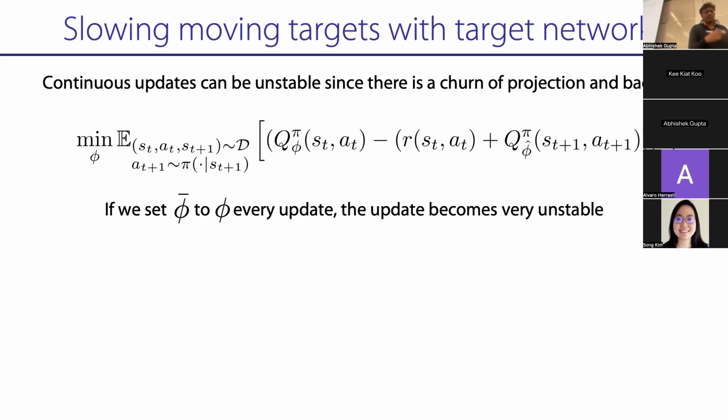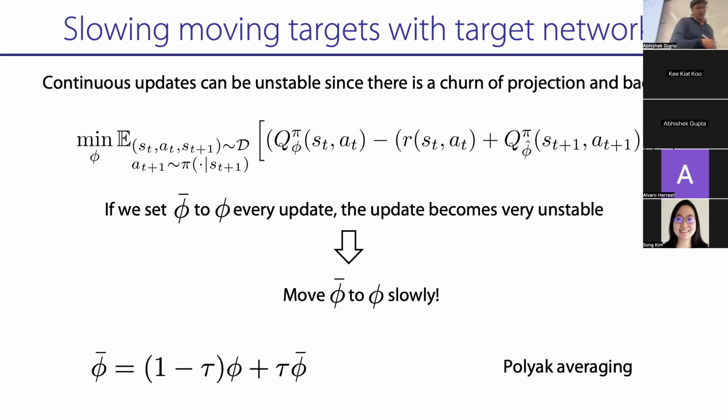If you pass gradients to both sides, it becomes unstable. And even if you set phi hat to phi every time, you're still moving the target every single time. So the solution is simple, a little hacky, which is to move phi hat to phi slowly with an exponential moving average. This is what you call Polyak averaging.